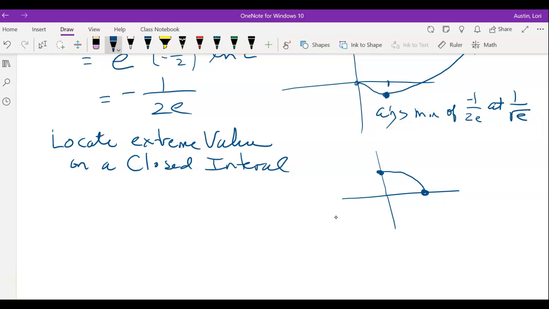All right, so number one. Okay, you got to get those critical points. You got to find where your derivative is either equal to 0 or does not exist.